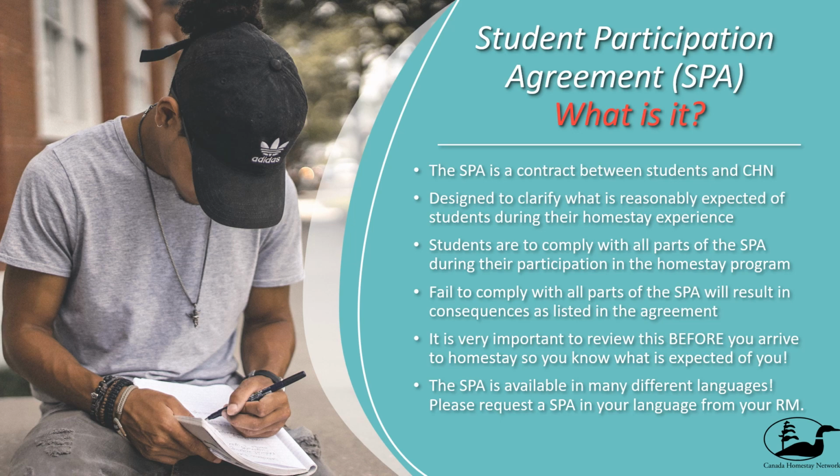And if you violate any of the items specified in the SPA, there will be consequences as listed in the agreement. So be sure to read the SPA carefully before your arrival and be sure to understand what's expected of you. And don't forget to submit the SPA with your name and signature before your arrival.